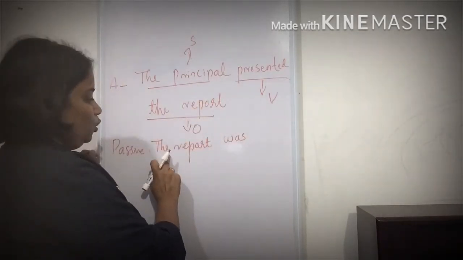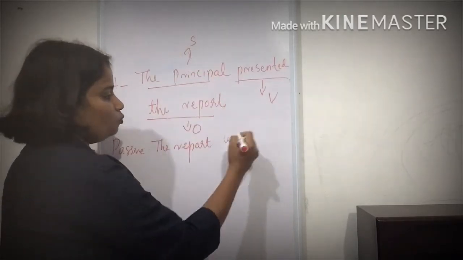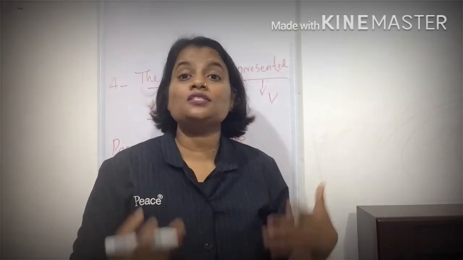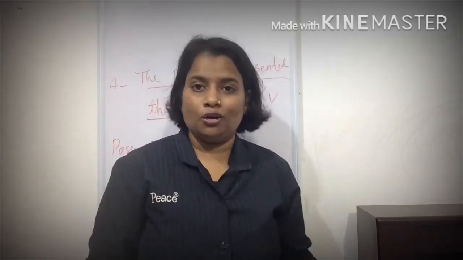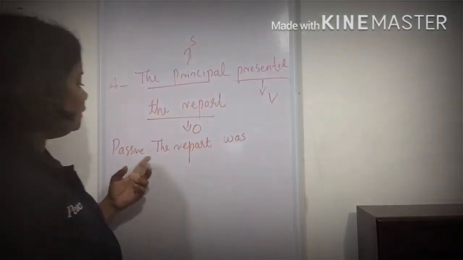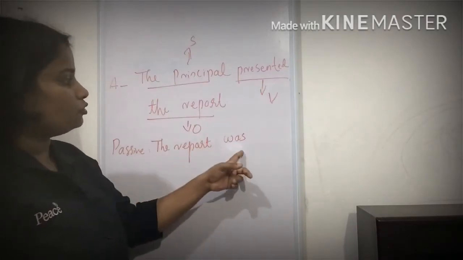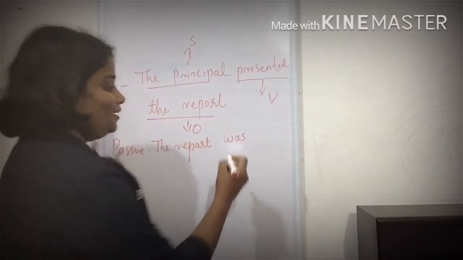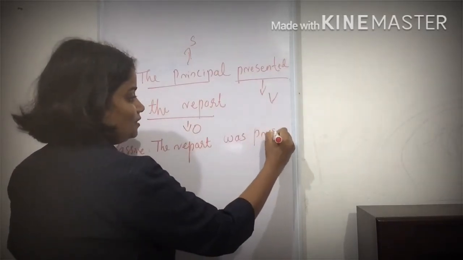Object, helping verb was. Then the second rule: we need to use the past participle form of the verb, that is the verb's third form. The report was presented.